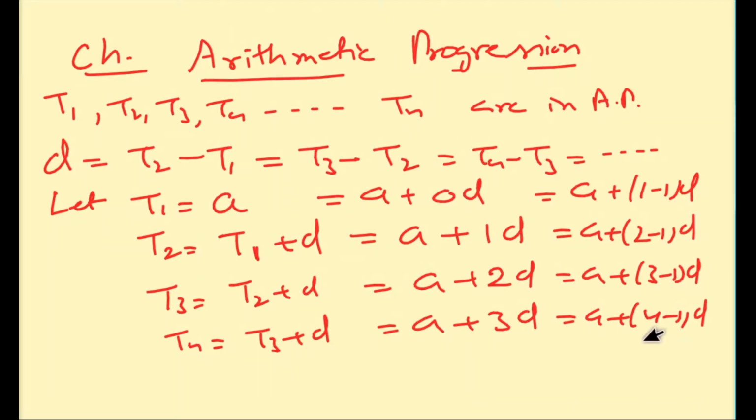For T4 we find 4 minus 1, for T3, 3 minus 1. Similarly, for Tn we get A plus n minus 1 D.